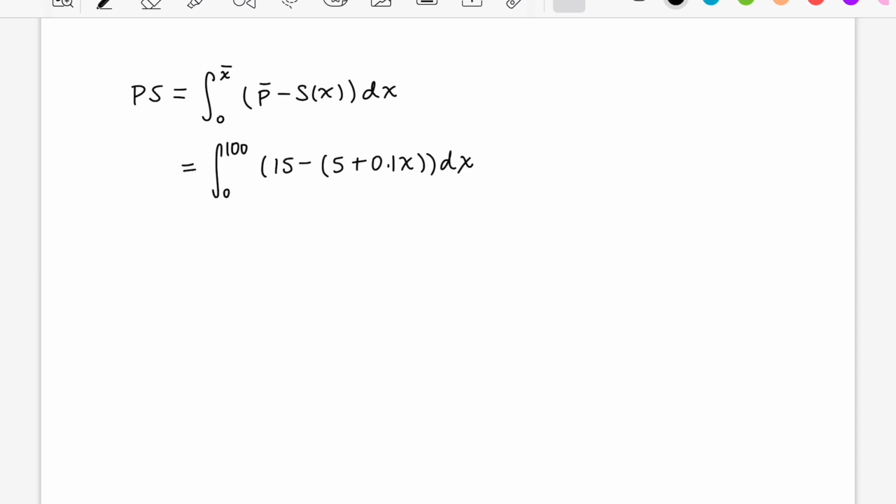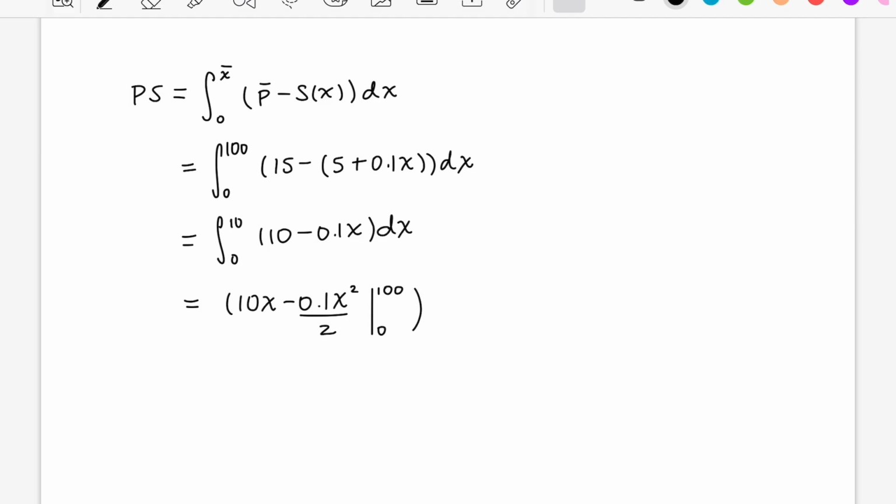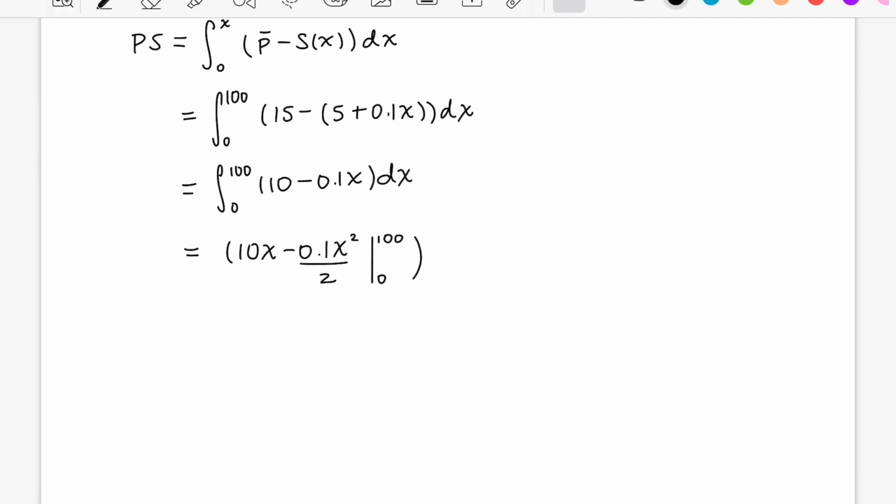So we'll end up with 10 minus 0.1x. This will give us 10x minus 0.1x squared over 2, evaluated at these limits. In doing so, this gives us about $500. All right, so that'll be it for this video.